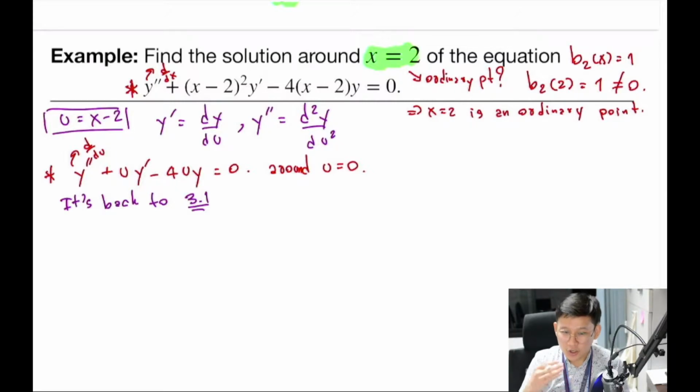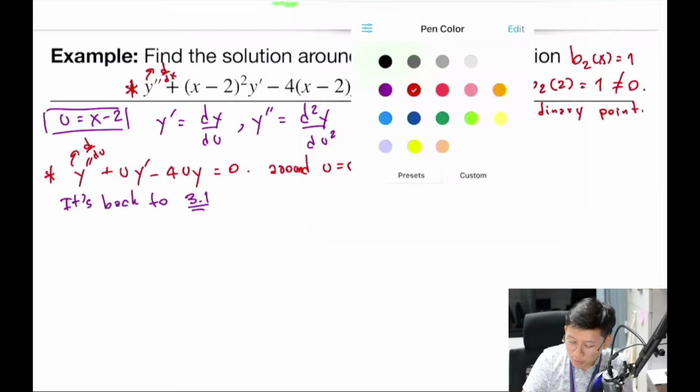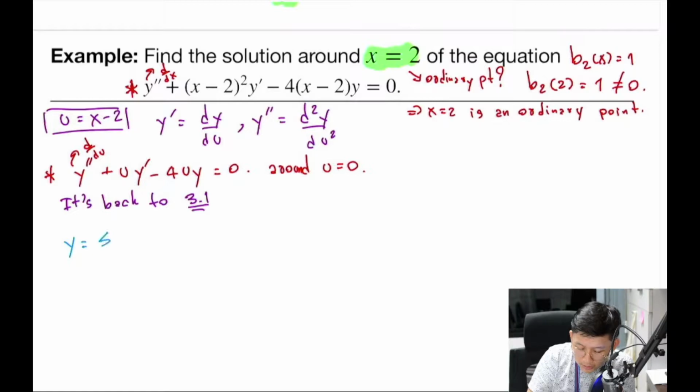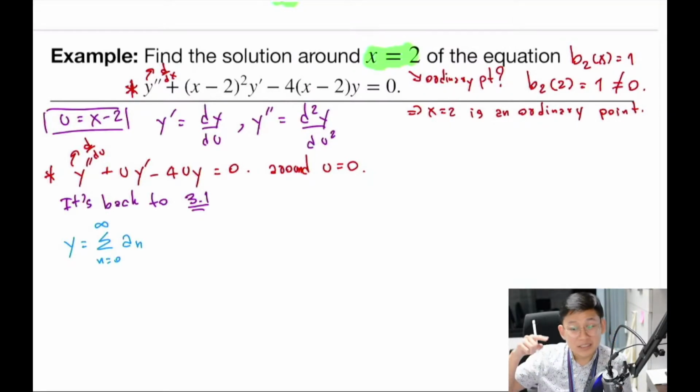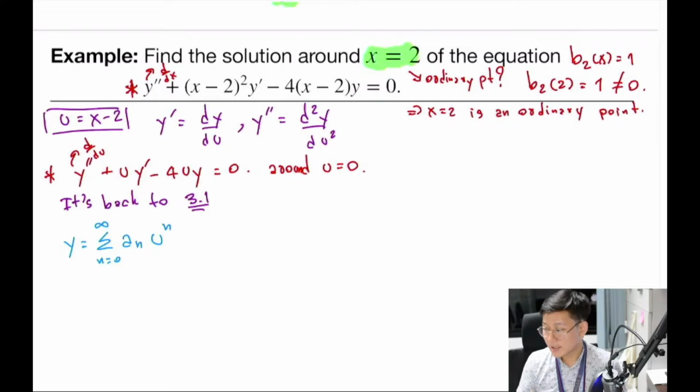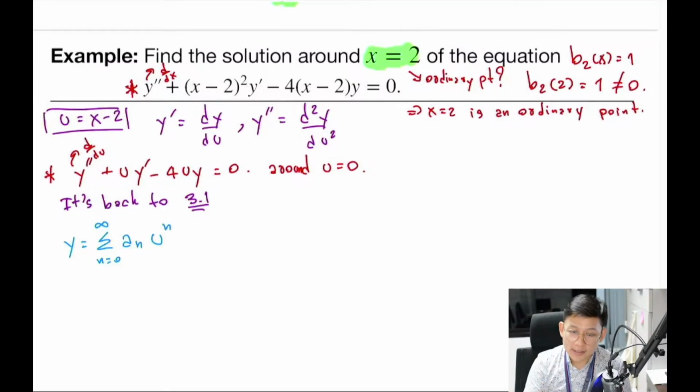So after this, right now it's the same as the previous section. We know that the solution y is summation n from 0 to infinity a_n, but it's not x to the n, it would be u to the n. Right now our variable is u, it's not x anymore, so it's a_n u to the n, and then we find y prime, y double prime.